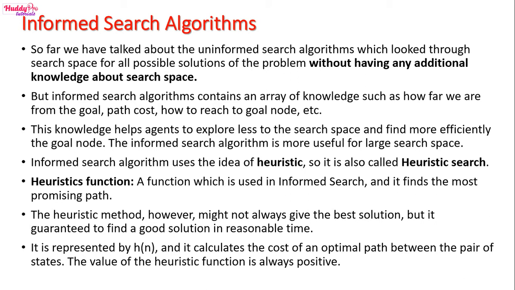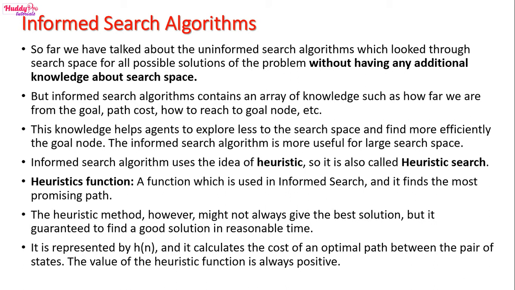And how am I going to reach the goal node? So this kind of knowledge helps agents to explore less of the search space and find the goal node more efficiently. So the informed search algorithm is more useful for large search space. Informed search algorithm uses the idea of heuristics.